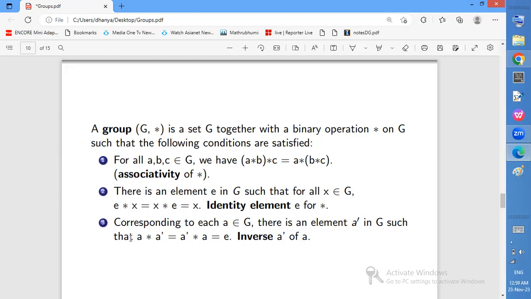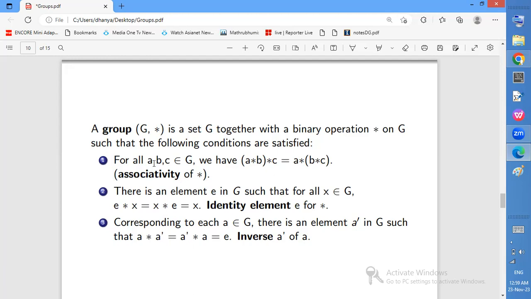And the third condition says that corresponding to each element A in G, there is an element A dash in G such that A star A dash is equal to A dash star A is equal to E. And this element A dash corresponding to A is called the inverse of A with respect to the binary operation star.